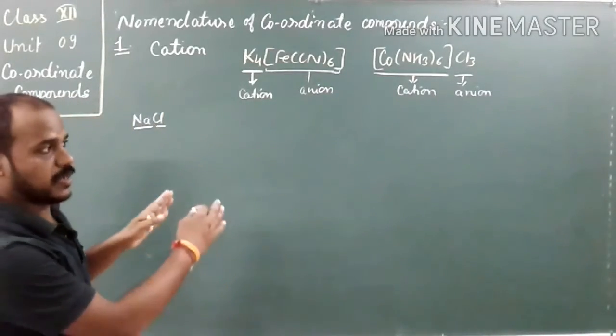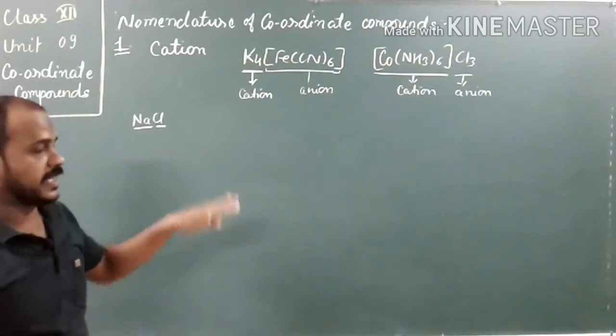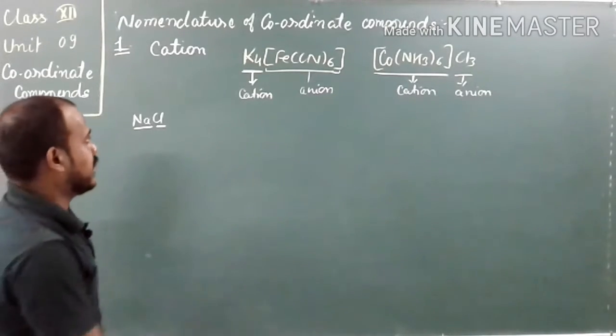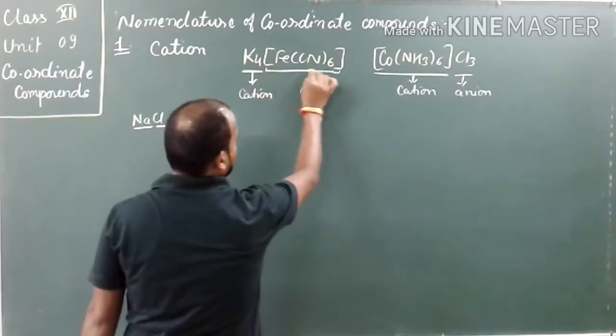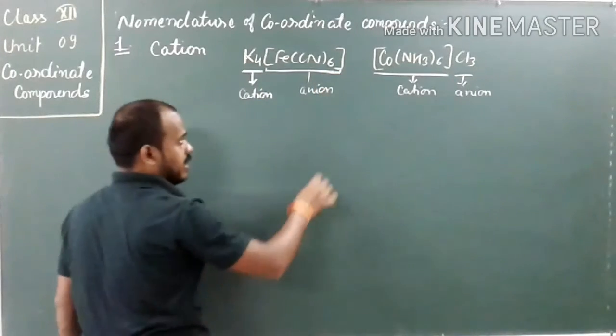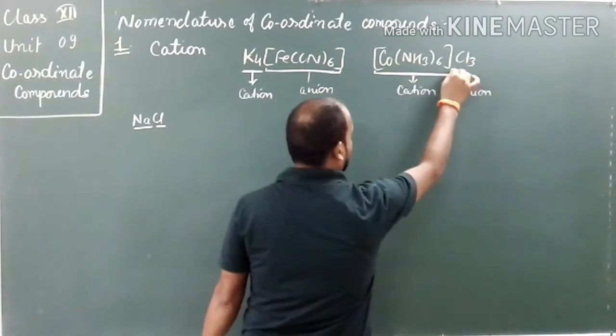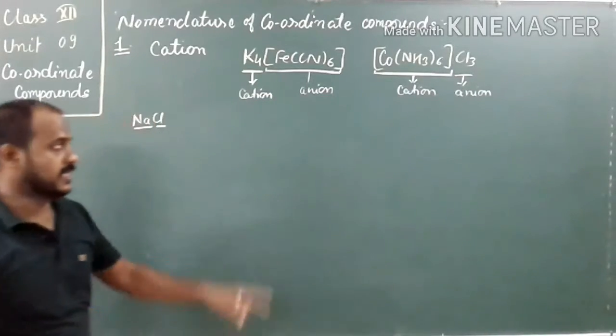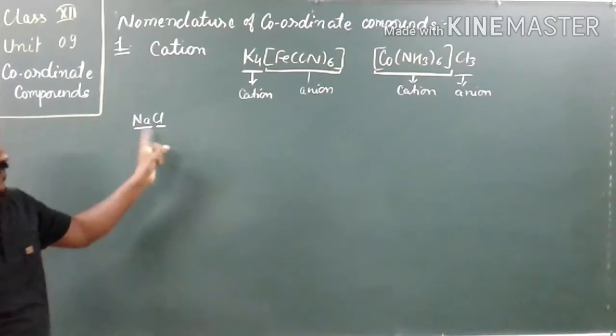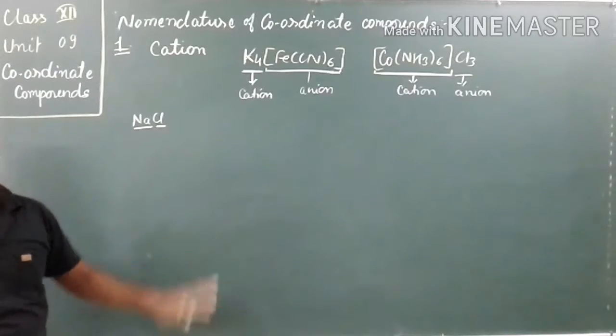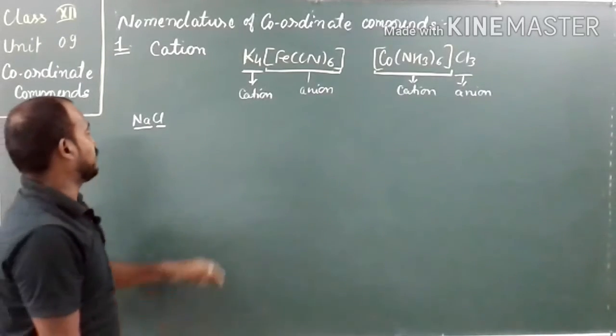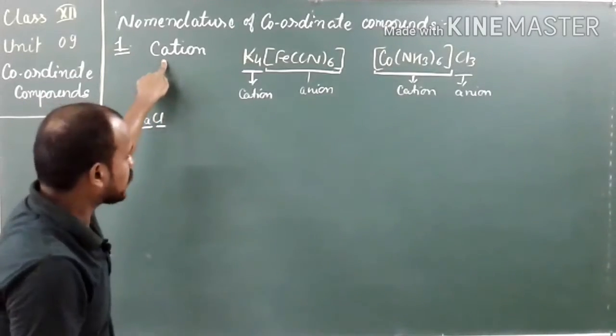Only the species present outside the square bracket can be ionized. So this is 1 unit, which is the anion, and this is also 1 unit, but it is the cation because it is written first. So first the cation is present, after that the anion. We will write first the name of the cation.